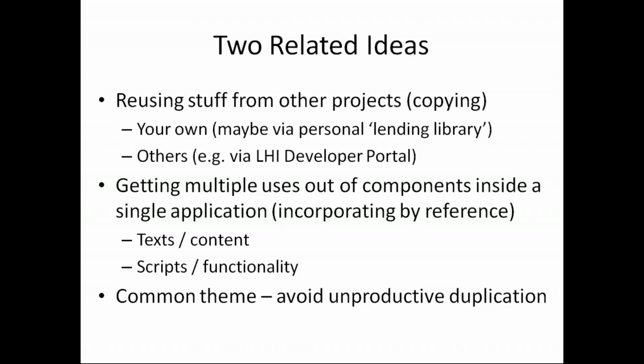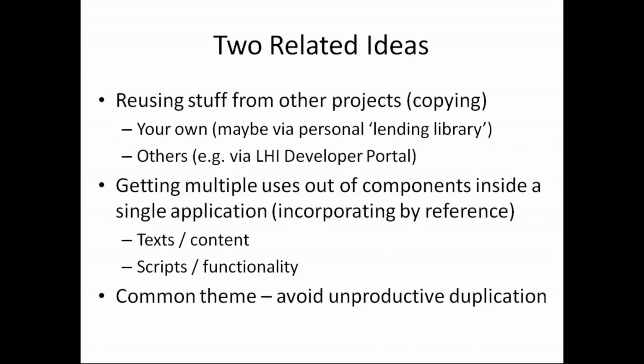The other related idea is within a specific project, within an application, getting multiple uses out of single items. So having a sub-template that gets referenced in a couple different contexts, or having computations that appear in multiple places in different documents. And we'll describe how that works.